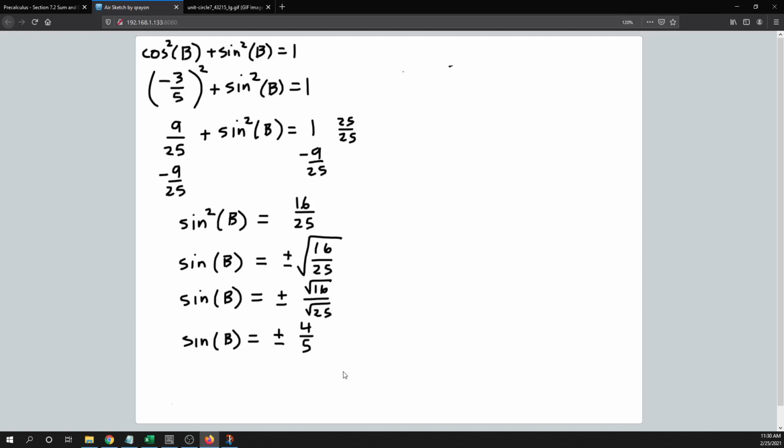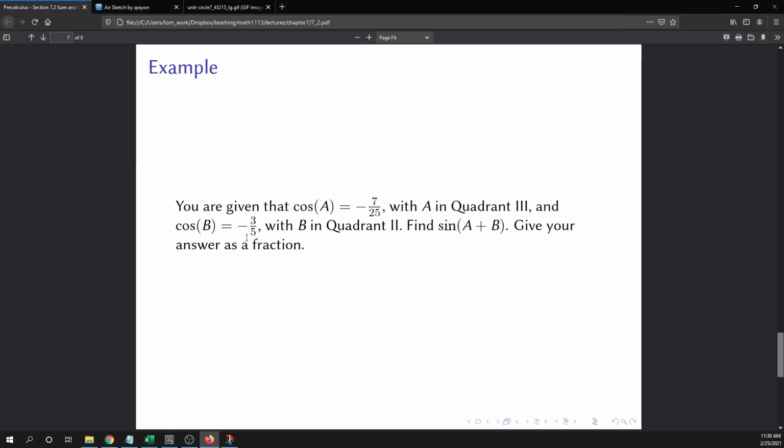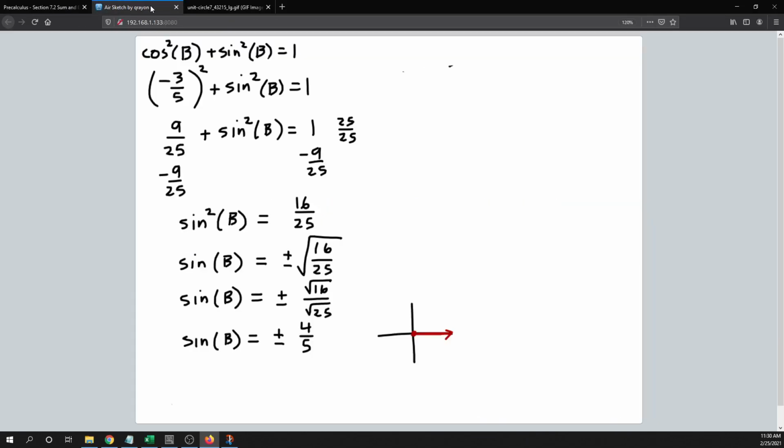And we do that just like before, right? We draw a picture of the angle. So B, in standard position, the initial side's over here. And then it tells us in the problem that the cosine of B is -3/5 with B in quadrant 2. So quadrant 2 is this quadrant up here. And then we would look at a point on the terminal side. In quadrant 2, the points will have a negative first coordinate and a positive second coordinate.